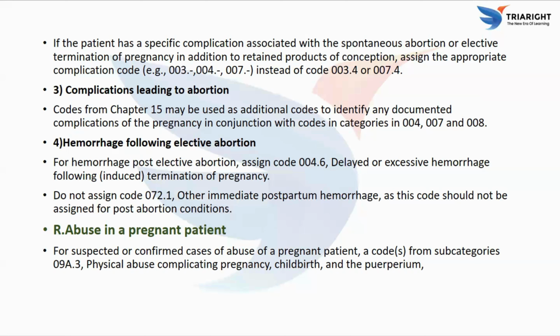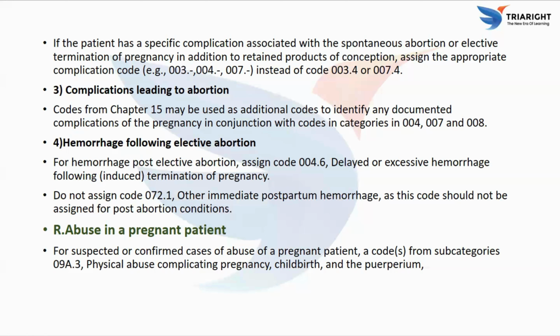You can add codes from chapter 15 to show the underlying complication along with the abortion codes from the categories O04, this is for elective termination, O07, this is for failed abortion, and O08, this is for complications after the abortion. So what is the meaning? If the pregnancy had a problem that caused the abortion, you can code both the pregnancy complication from chapter 15 as well as the abortion outcome.